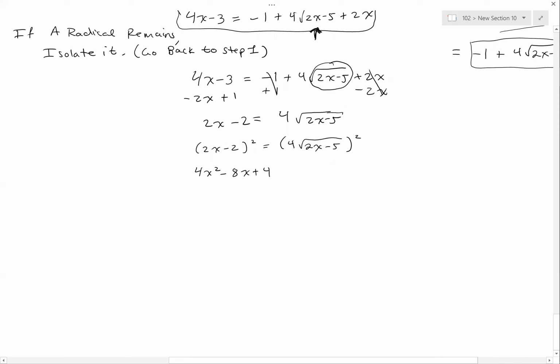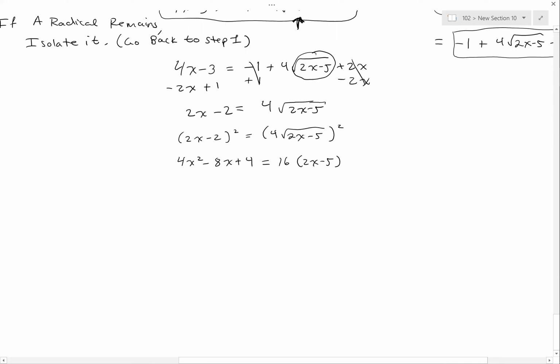If I square the right-hand side, I will end up with 16 times 2x minus 5. For the left-hand side, I use the formula for squaring a binomial like I did in the previous video. For the right-hand side, I use the technique of squaring each factor separately and writing them here.